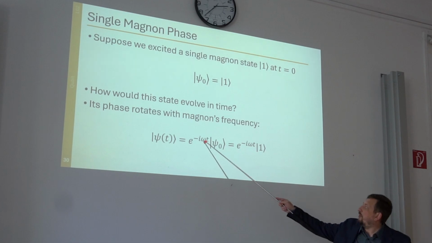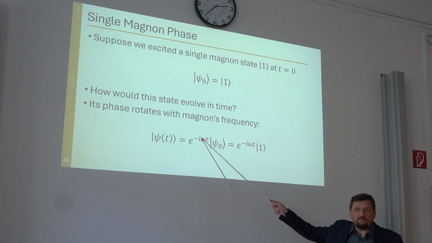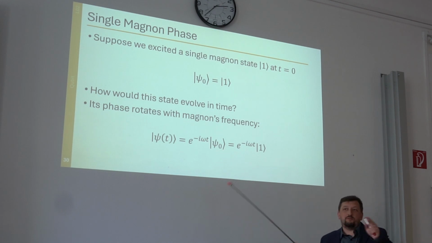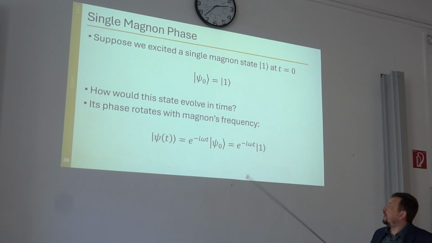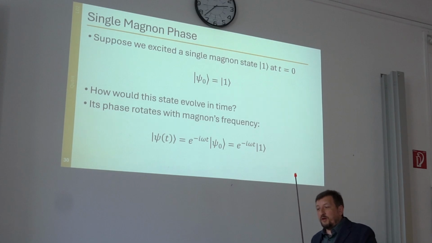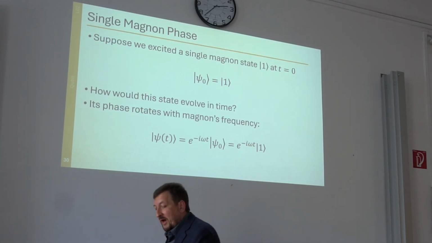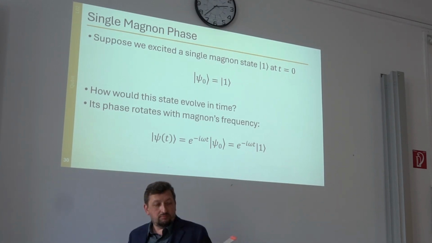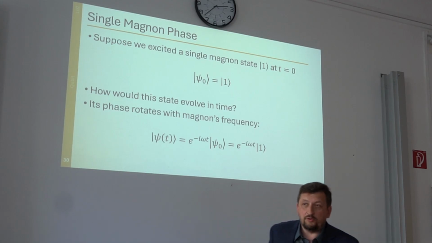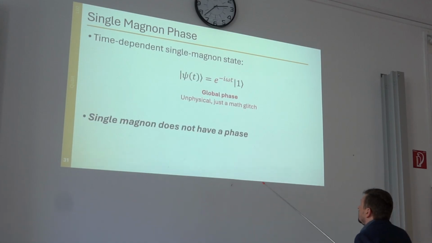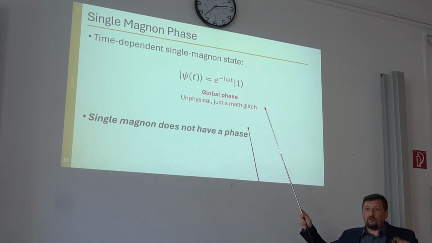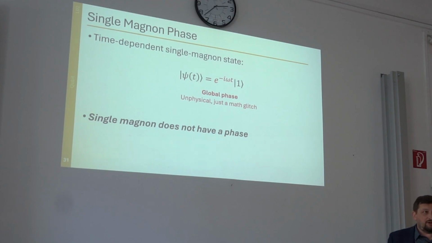So here I would have 2 omega, because this omega is just energy divided by h bar. So for a single magnon state, what changes is its global phase with time, and we cannot measure it.